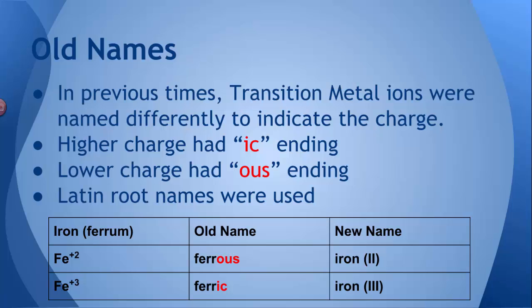Iron has two possible positive charges, +2 and +3. The old name for the lower charge, iron +2, would be the ferrous ion, and the higher charge would be called the ferric ion. That's how we used to tell the difference. Nowadays we just say iron 2 and iron 3. It's a lot easier that way, it takes less thought. But you may see ferrous or ferric.